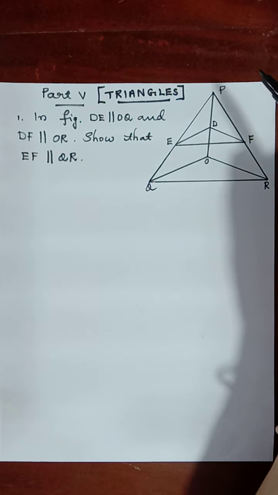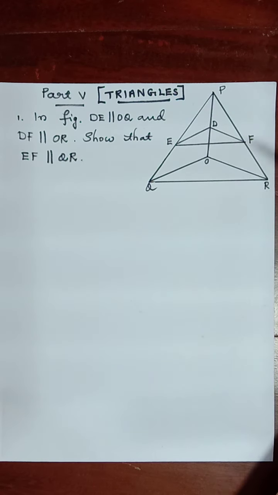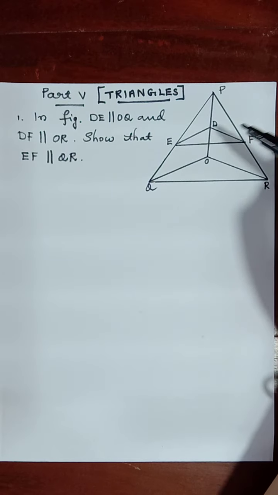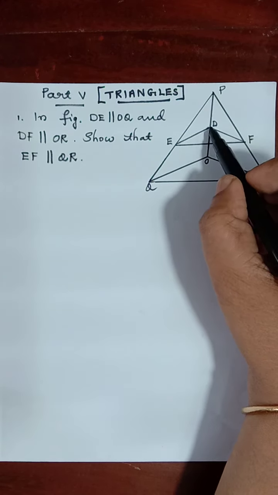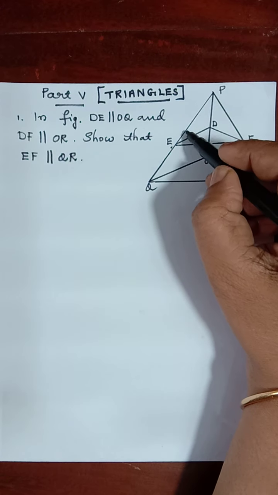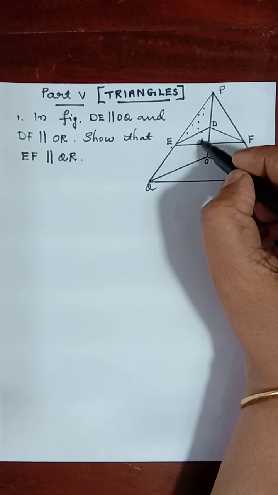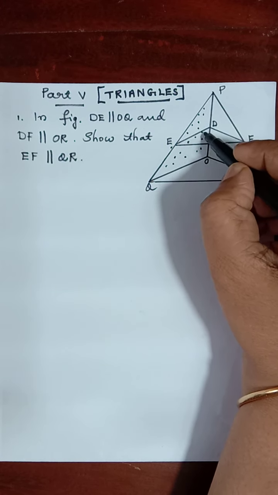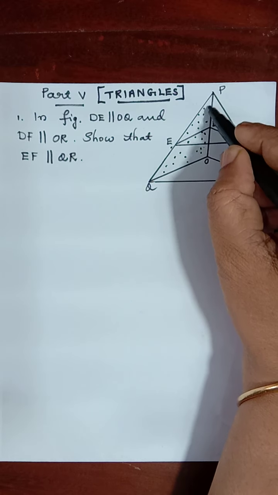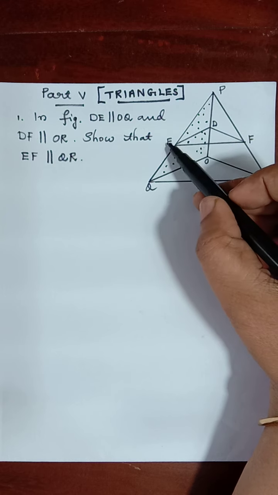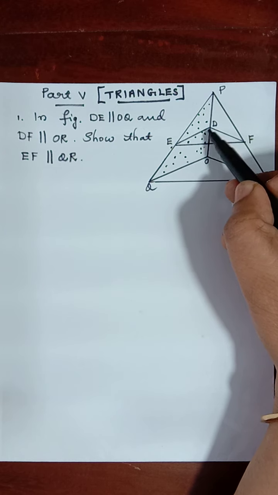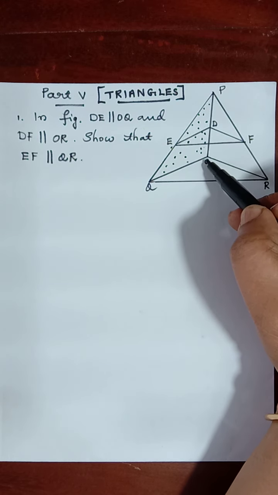So when we consider this, we have to consider triangles. Which triangles do we have to consider? If DE is parallel to OQ, we have to consider the triangle POQ. Look at triangle POQ, in which DE is given parallel to OQ.